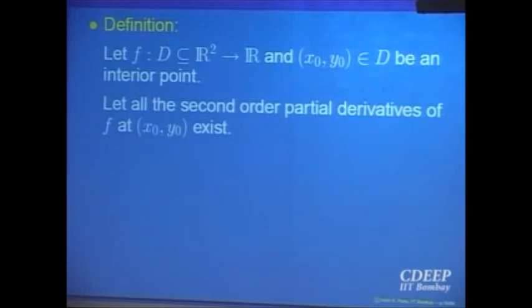Now in function of one variable, we defined local maximum, local minimum, and also points of inflection. And then we said if we have some more information about the function, like the function is continuous or differentiable or the second derivative exists, that gives you ways of analyzing critical points to show whether the point is a point of local maximum, local minimum or a saddle point.